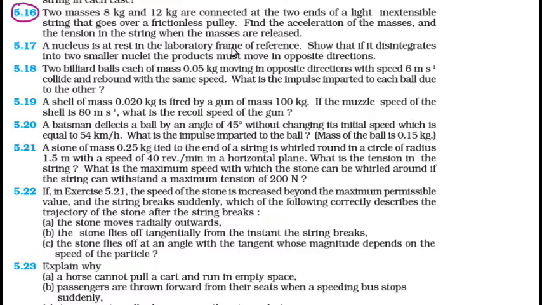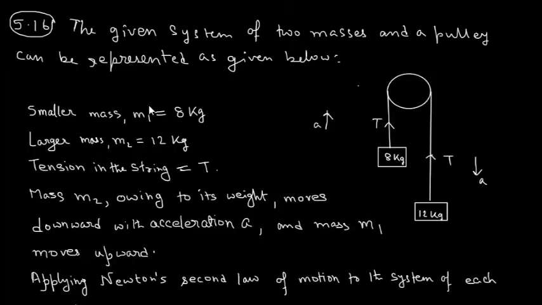Find the acceleration of the masses and the tension in the string when the masses are released. So the solution is, the given system of two masses and a pulley can be separated as given below.